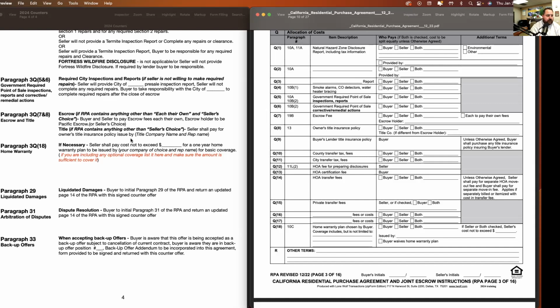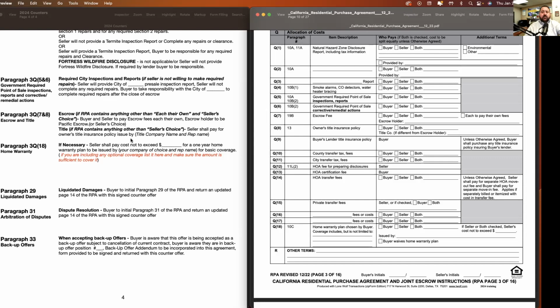Same thing with title. Seller shall pay for Owner's title insurance policy issued by the title company and rep name or seller's choice. If you're going to state a title company, you don't have to do it with escrow so much, but with title, with home warranty, if I'm going to counter a specific company, I've got to make sure that I counter my rep's name, because if for some reason it ends up at a different escrow, I want to make sure that the escrow doesn't just choose.